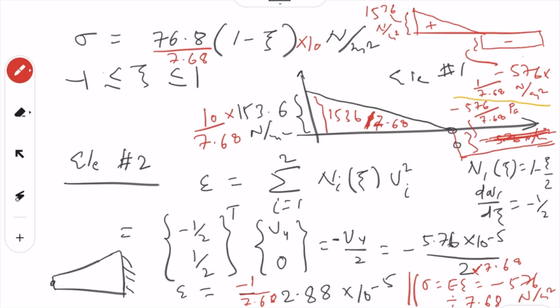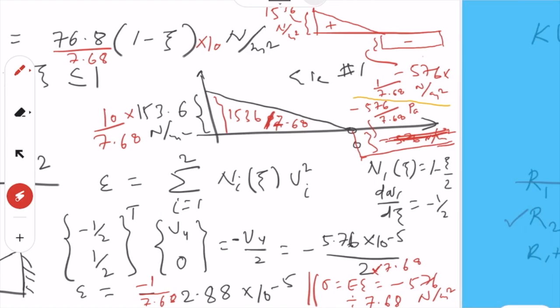So that means it will be around 0.75 multiplied by 100, so it will be 75. So this will be around 75, so 576 divided by 7.68, so we get 75 Newton per meter square.